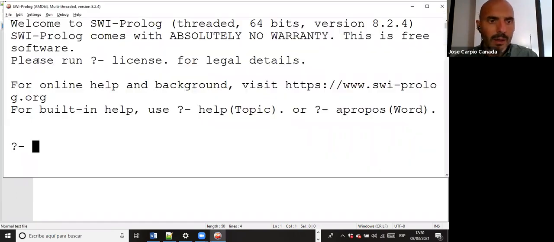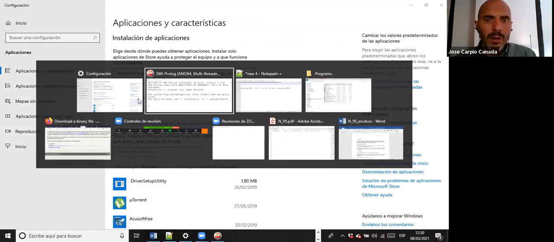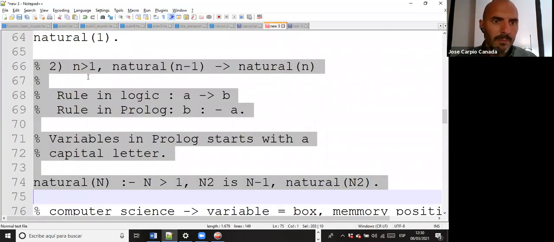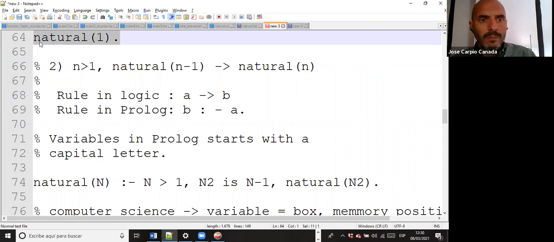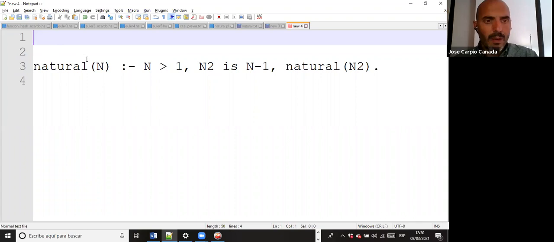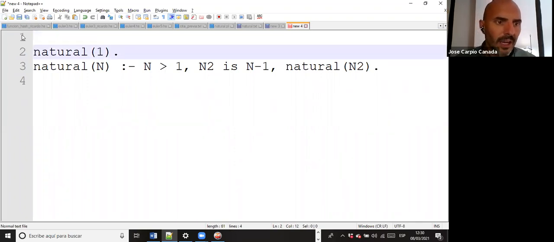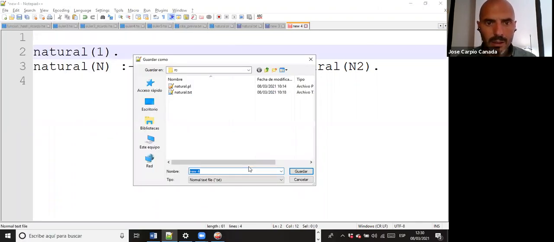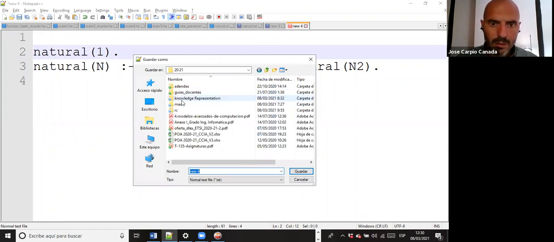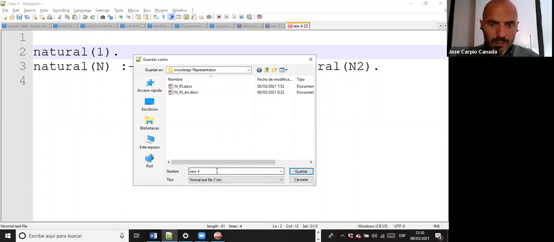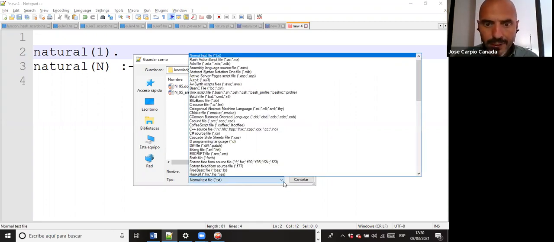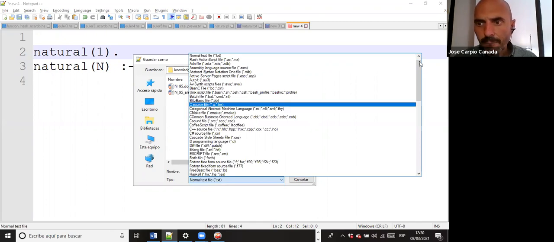I'm sorry, and this one. Okay. Save as, for example, natural dot pl, pl is the extension.